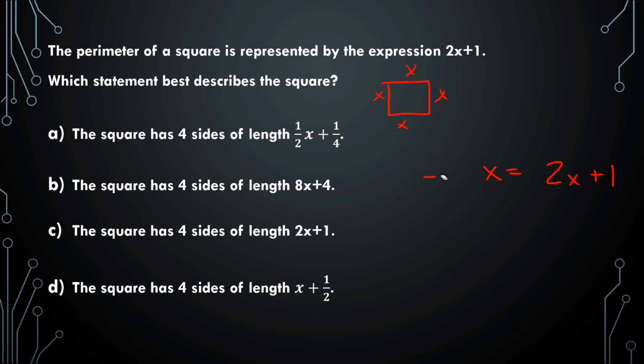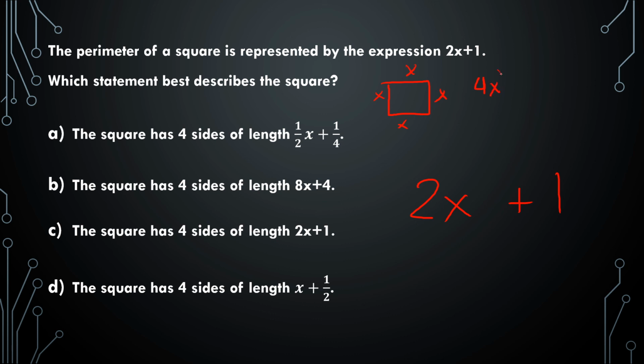So what we want to do to solve this problem is I kind of need to think a little bit backwards. I have this 2x plus 1, and I know that if I add 4 things together, it's going to give me this 2x plus 1. So thinking backwards, I know if I take those 4 sides together and I multiply them by 4, I'm going to get this 2x plus 1, right? Because there's 4 sides here.